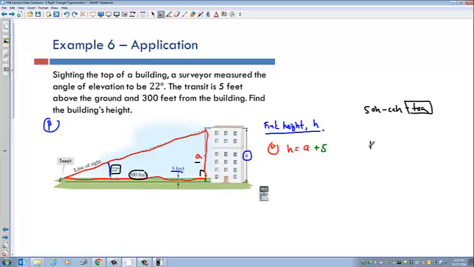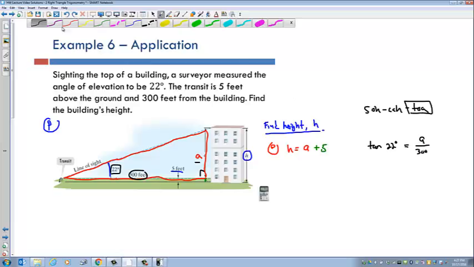So we know that the tan of the angle, so tan of 22 degrees, is equal to the opposite side over the adjacent side, so a over 300. We can solve this equation by getting rid of the divided by 300.